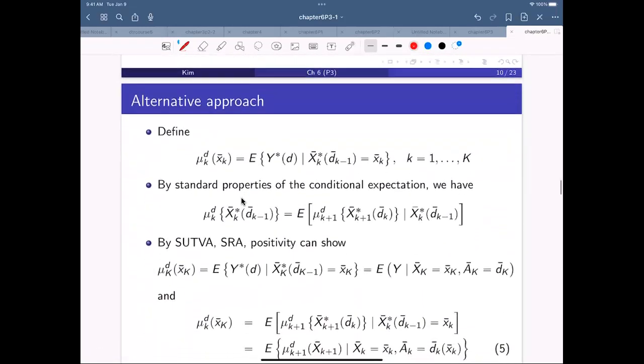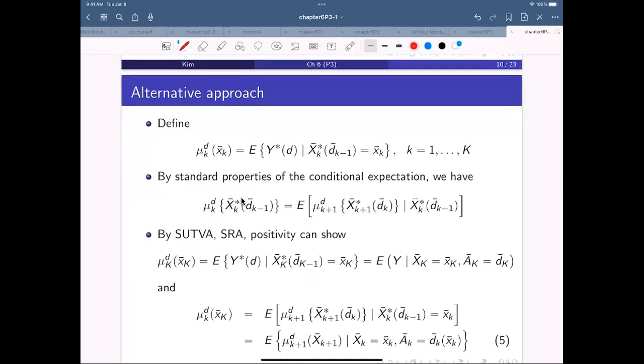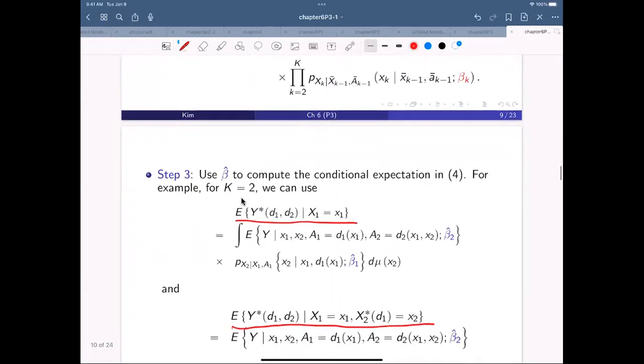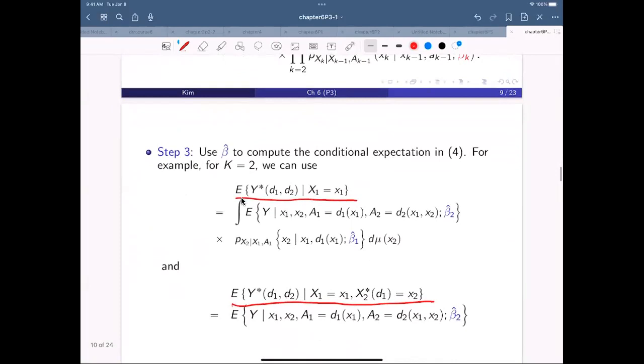Okay, and then an alternative approach. Here you can see, how can we compute this, so it kind of averages over X2 star, right?